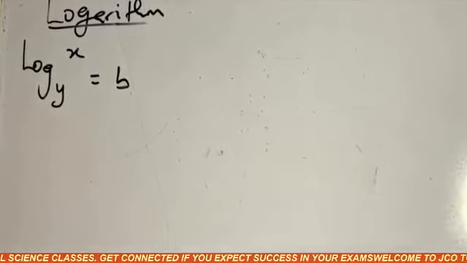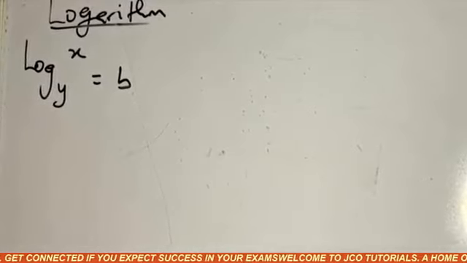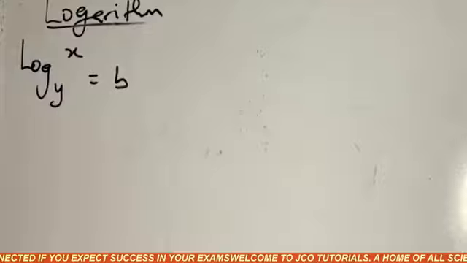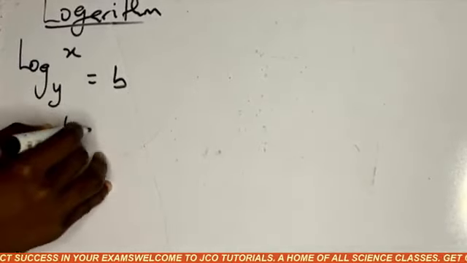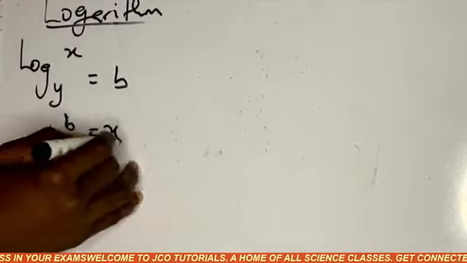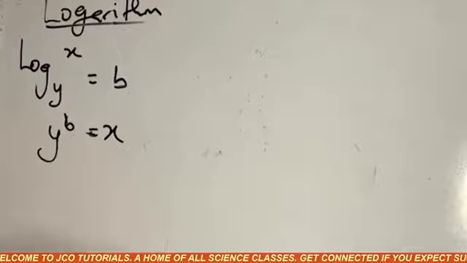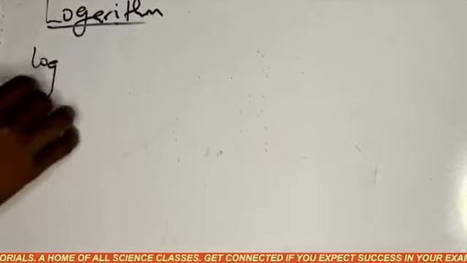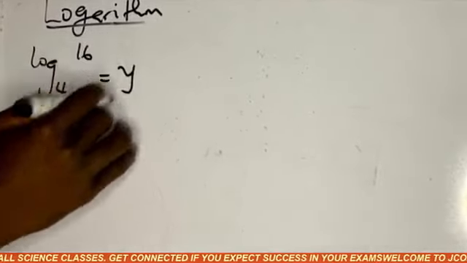In order for me to find the logarithm of x, I can easily transform it to indices. So the base y raised to power the answer must give me that x I'm looking for. So that is how I can define the logarithm of x. I'm looking for log 16 base 4 equal to y.